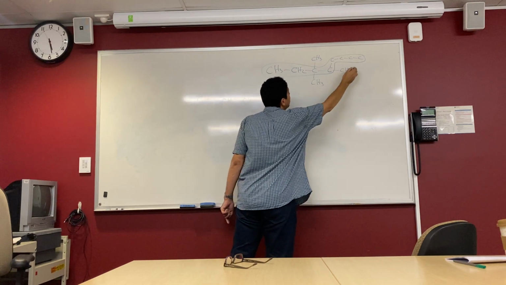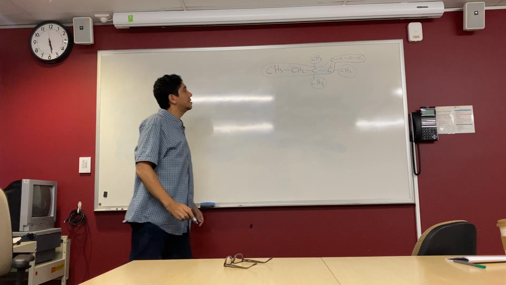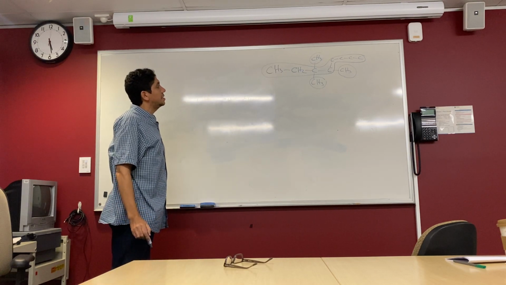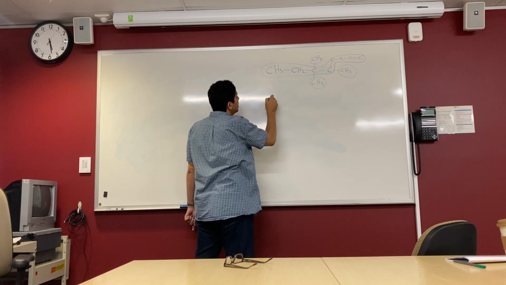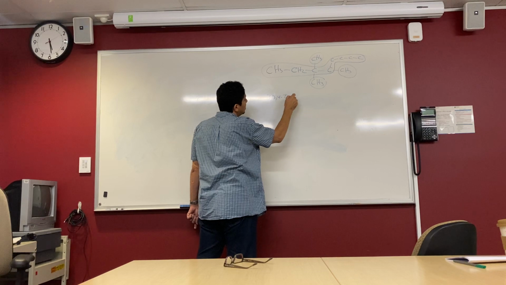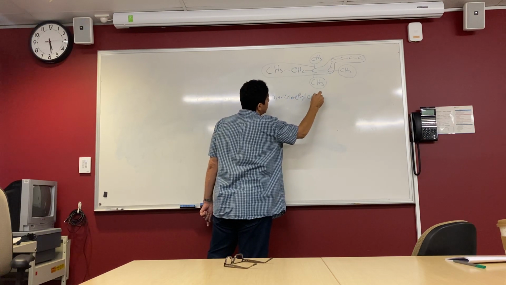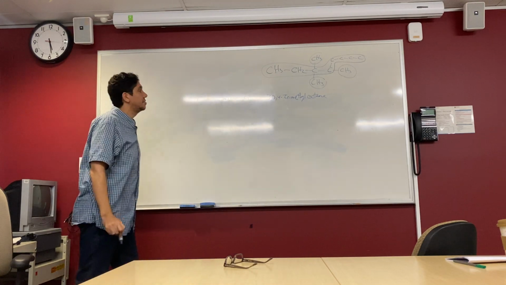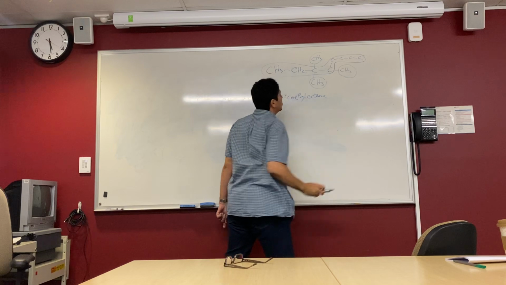We have 1 methyl here, and here, and here. Yes, we have to start numbering from here. So it will be 3,3,4-trimethyloctane. Right? Because it's 1, 2, 3, 4, 5, 6, 7, 8, octane.